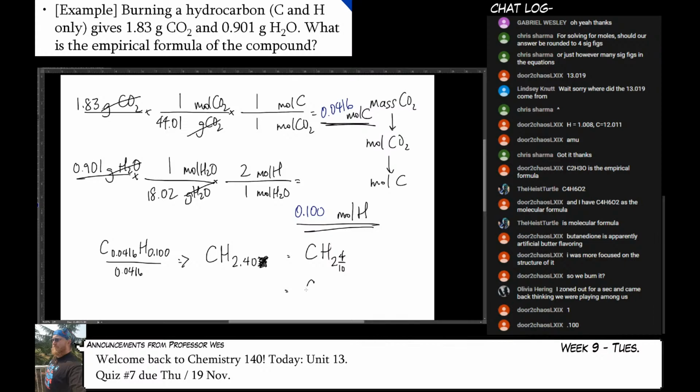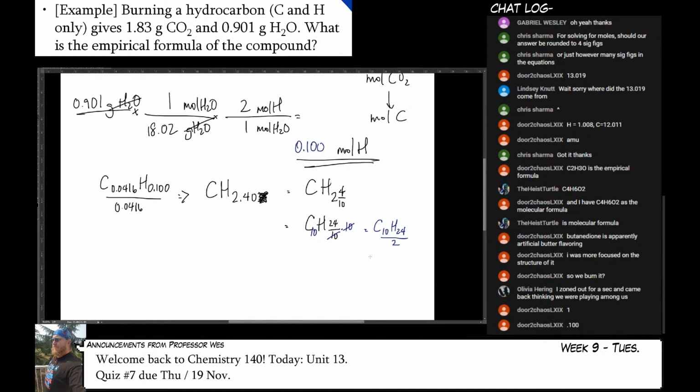First of all, let's make this an improper fraction, 24 over 10. And then I'm going to multiply both numbers by 10 to get rid of this. So 10 and then 10, and those would cancel. I'd get this. Now I can divide by a number that both divide into. And I get this, which is an empirical formula.